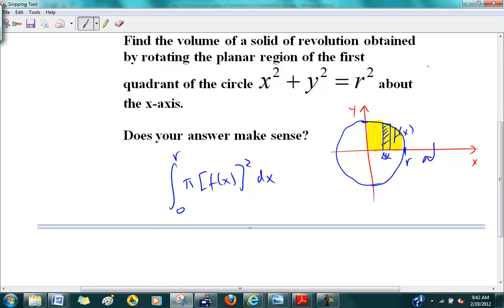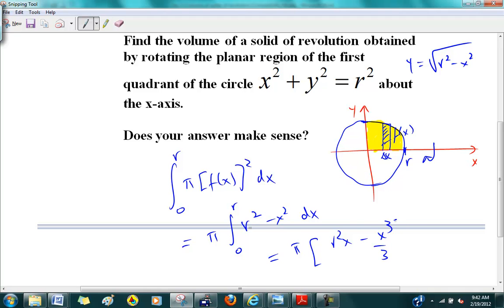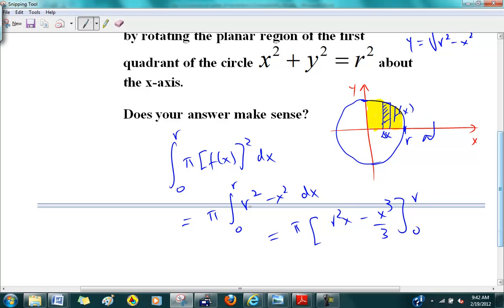Okay, so remember that from here y is equal to the square root of r squared minus x squared. So doing the integration, you get pi integral 0 to r of r squared minus x squared dx, which gives you pi times r squared x minus x cubed over 3, from 0 to r, which is equal to pi times r cubed minus r cubed over 3, which gives me 2 over 3 pi r cubed.